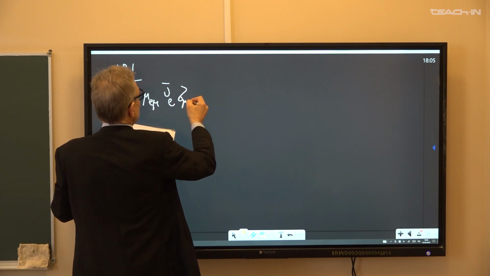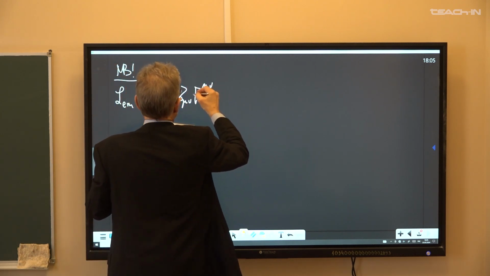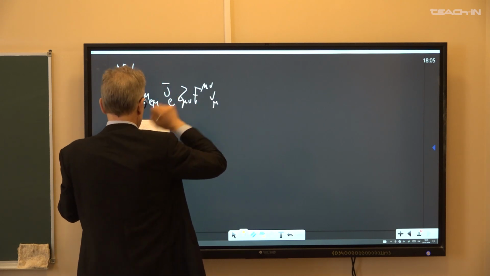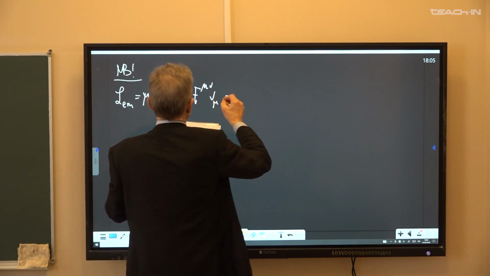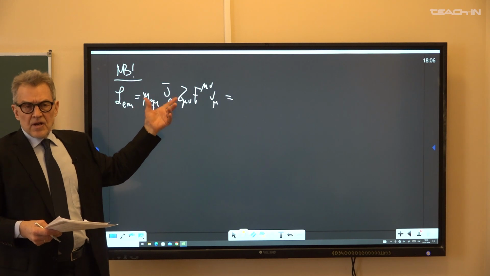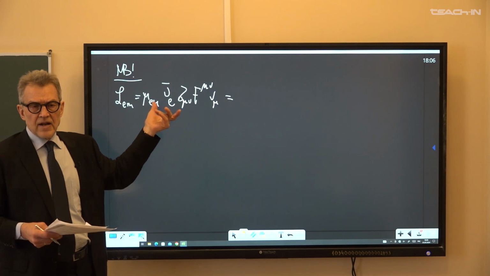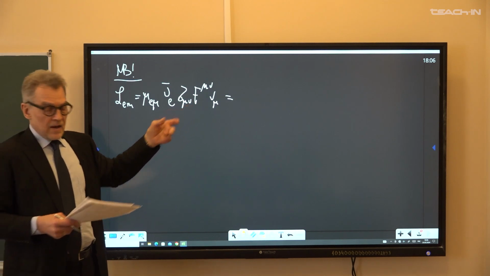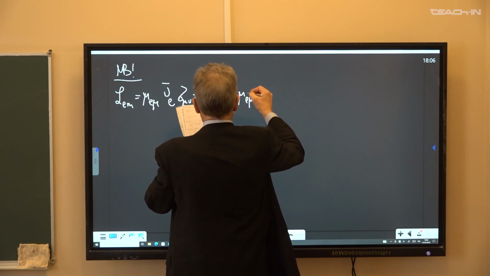This is sigma mu nu, the tensor of the electromagnetic field, and here is the muon neutrino, and it is quite easy to show that this kind of interaction, probably we discussed this in one of the previous sessions, couples together neutrinos with different helicities, left and right, or chirality, because of the properties of this sigma mu nu. So this is a sum of two terms, and exactly the mixing appears here.